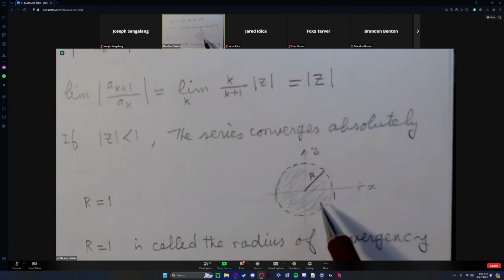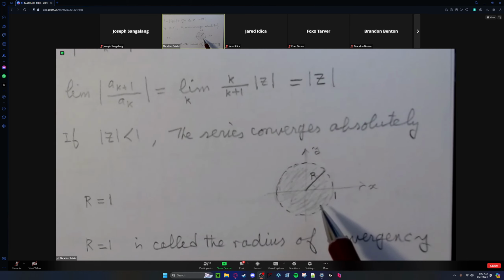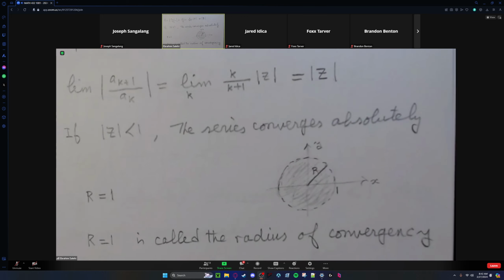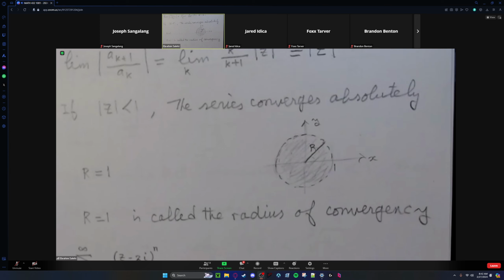And when it converges, of course, it produces a number, right? This is called the disk of convergence, and this radius, which is 1, is called the radius of convergence. All right. Okay, good.